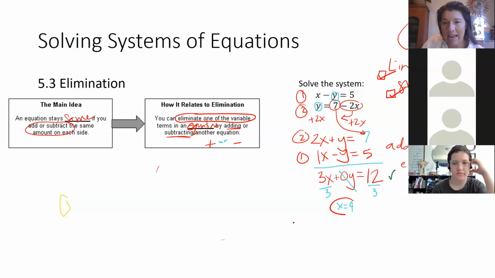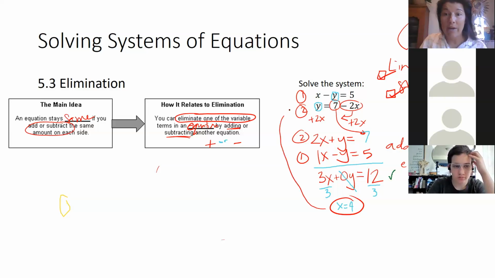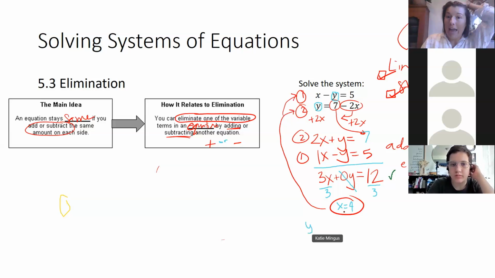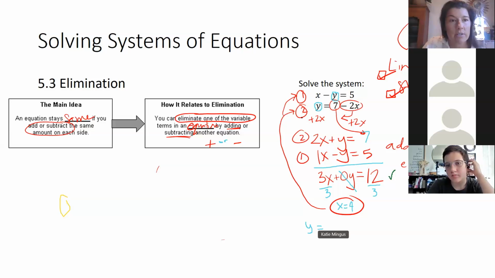So yay. Okay, your last step for elimination is just like your last step in substitution. You need to find your missing variable, and you can do it with either of your original equations. So which original equation would you like to substitute x equals 4 into? The second one, because y is already on one side. I agree. 2 is probably the most efficient. Okay, so Katie's going to do that work for us.